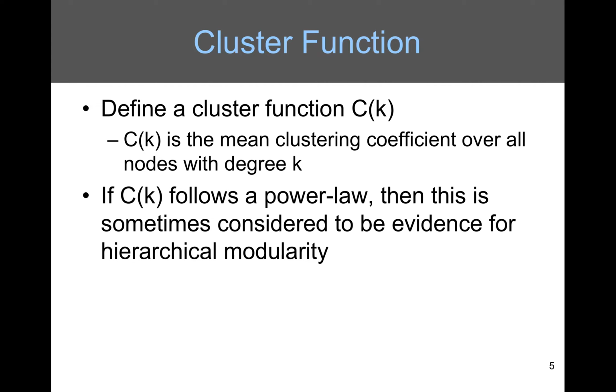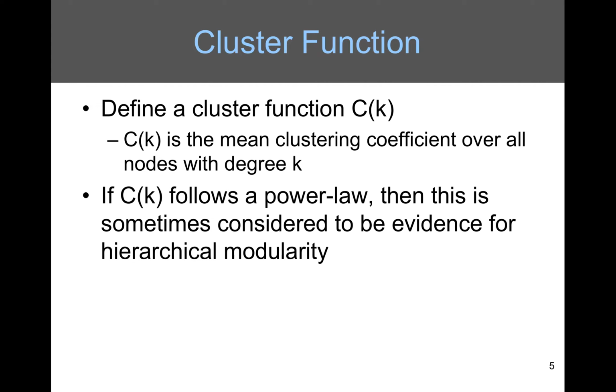If that distribution follows a power law, this is sometimes used as a necessary condition or a definition of hierarchical modularity. And if you think about it, the reason this happens is there's going to be a certain set of nodes with a certain degree and a clustering coefficient, and there's going to be lots of nodes with certain other degrees and clustering coefficients, and so it's going to have the shape of a power law.